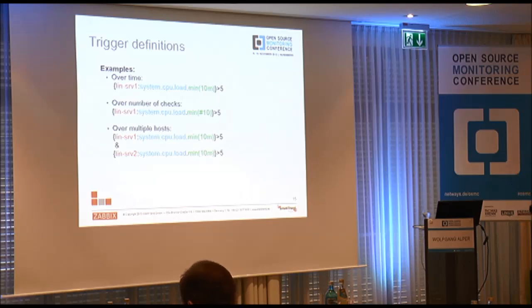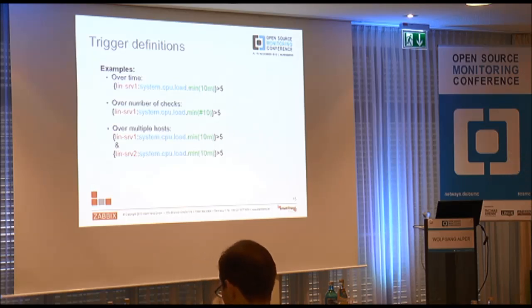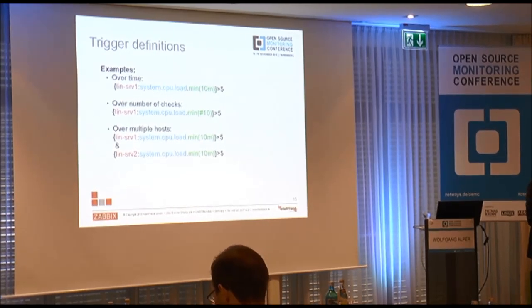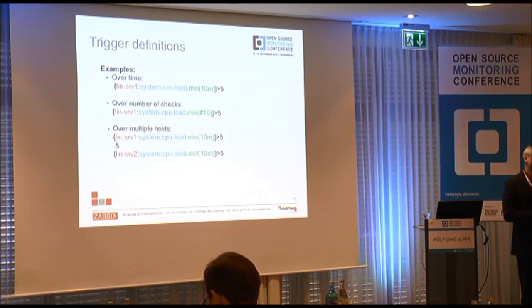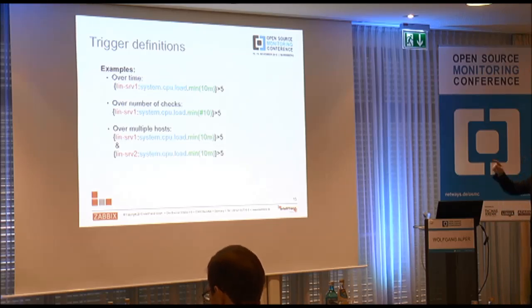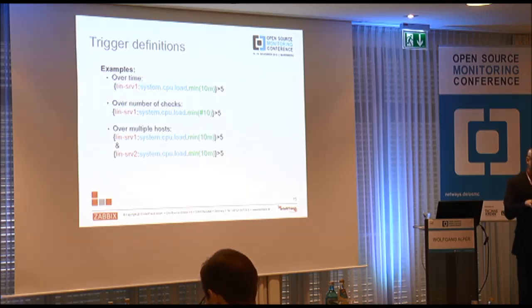In this example, it's just always min, but we have seen there can be like max, there can be average, and so on. And we have a special syntax that allows us to define, like in the first example, over the course of 10 minutes, while the second example is with a hash sign, over the last 10 values I've collected. And as you can see, over multiple hosts, we can connect trigger conditions and say, well, run through multiple hosts.